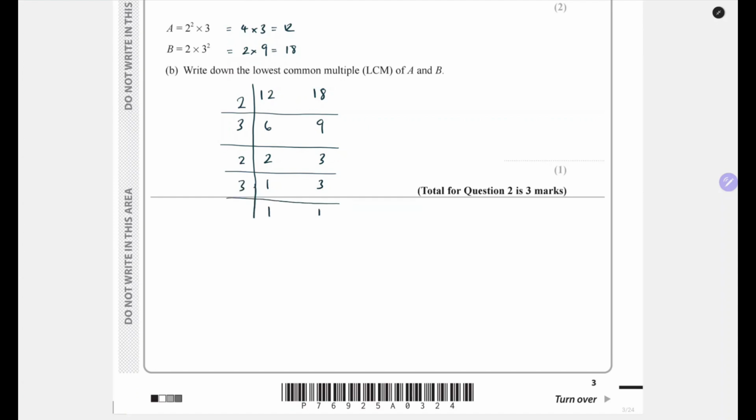So we're left with 1 and 1. And so these are what we need to multiply together to figure out what the lowest common multiple will be. So that's 2 multiplied by 2, multiplied by 3, multiplied by 3. That's 4 times 9, which is 36. So the lowest common multiple is 36.